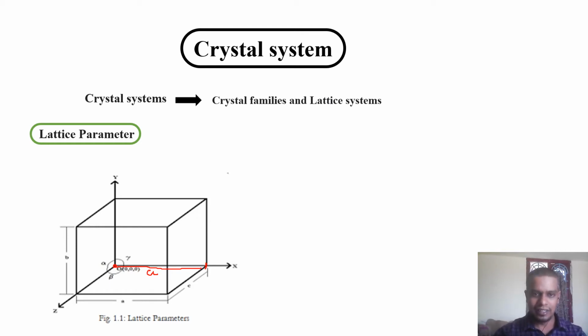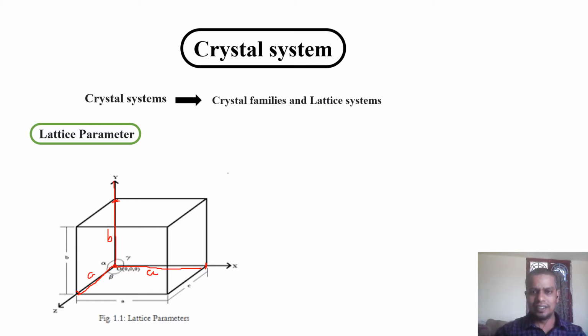Along the y direction, the unit cell intersects the y axis at exactly this point, so that length we call b. Here it is shown, the length along the y direction is b. Like that you can define the z direction intercept. Here you take this length as the intercept from the origin. That length is equivalent to c.